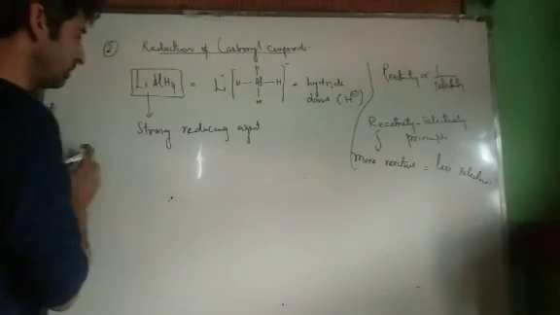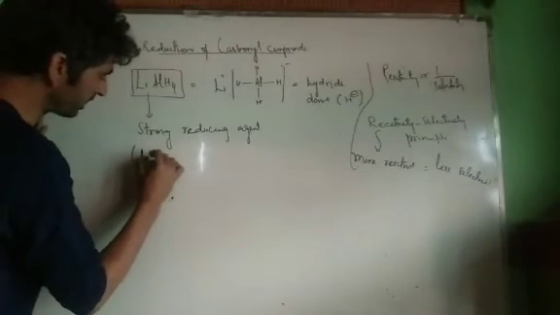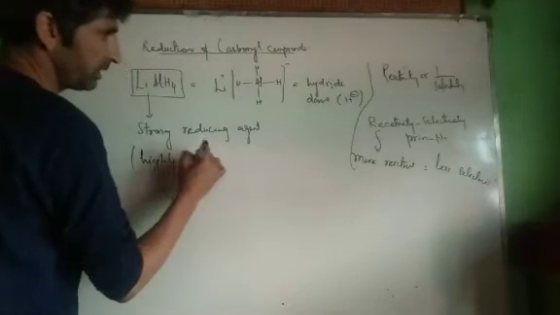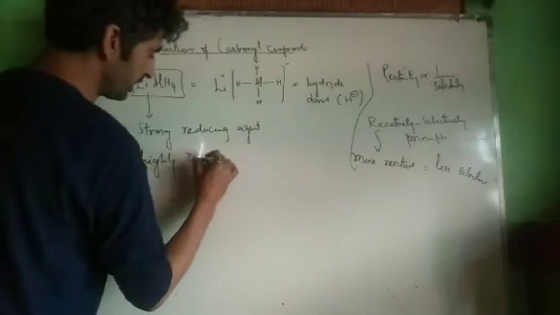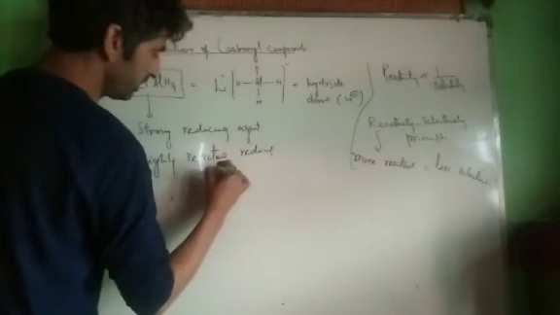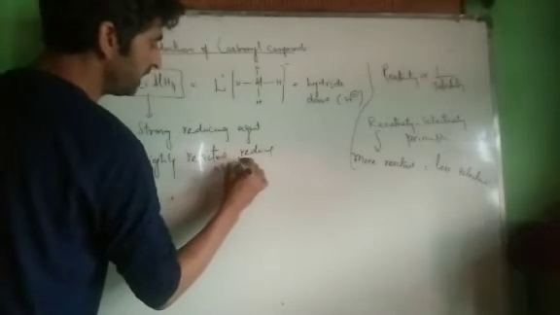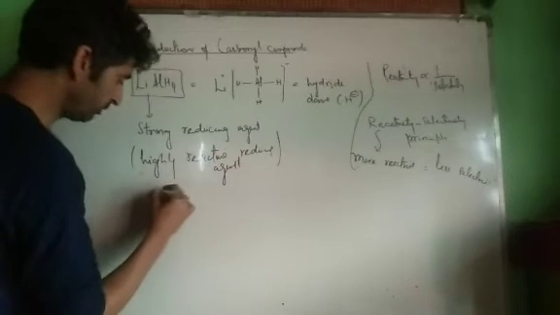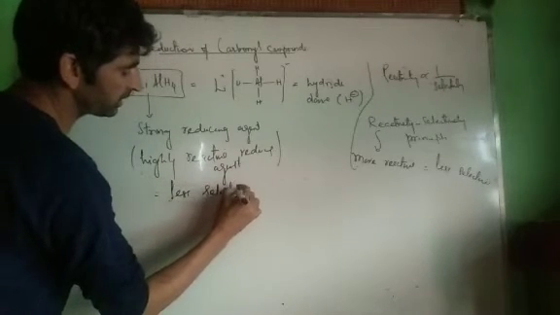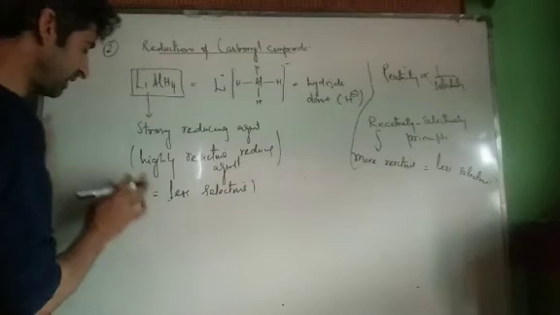Now this is a strong reducing agent. It is a highly reactive reducing agent. If it is a highly reactive reducing agent, it is less selective. What does this mean? We will take examples and discuss this part.